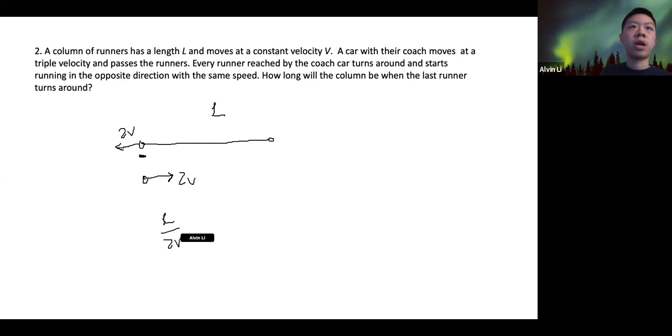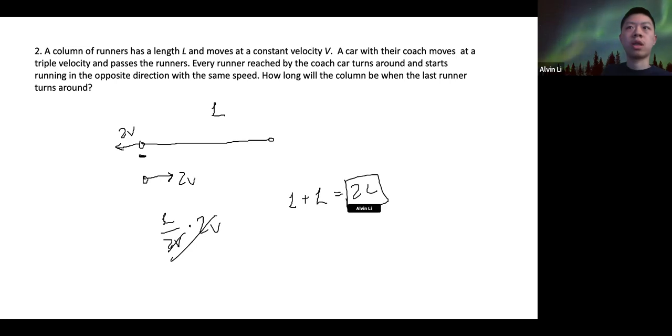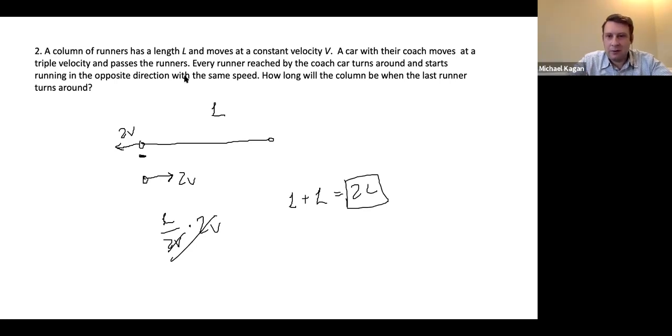By that time, you multiply that time by the velocity of the first runner to get the total distance the first runner went. So that just becomes L, right? And the column was L long originally. So then you just add L plus L equals 2L, and you get that answer. Yeah, folks, that's pretty similar to what I did. Who was that?